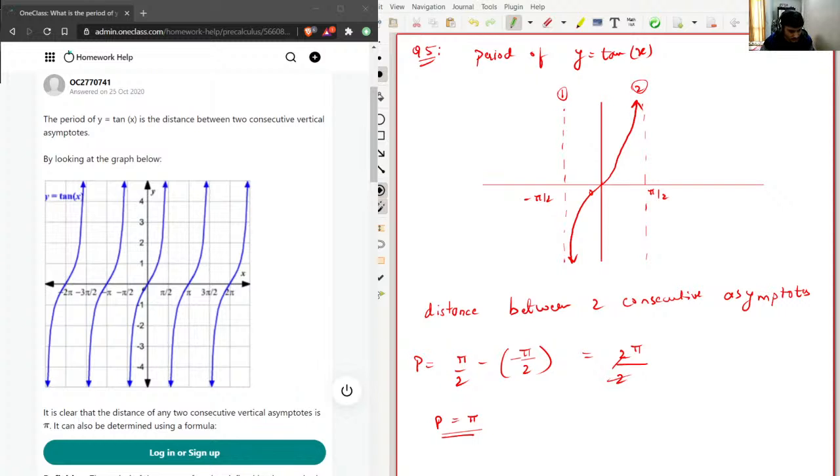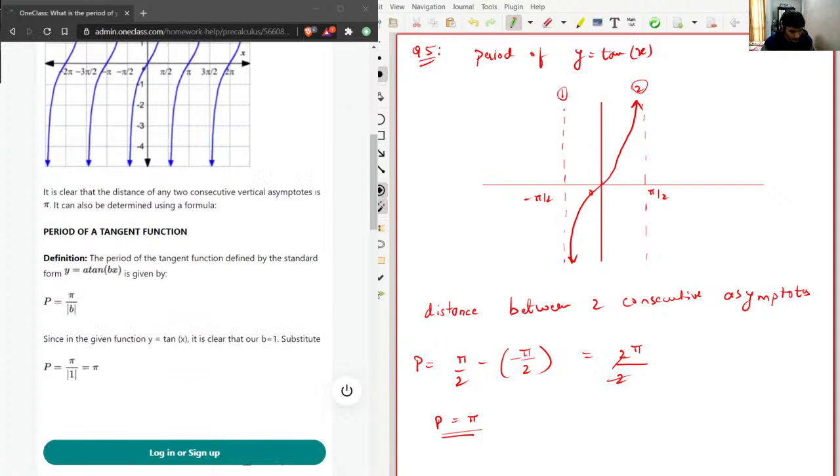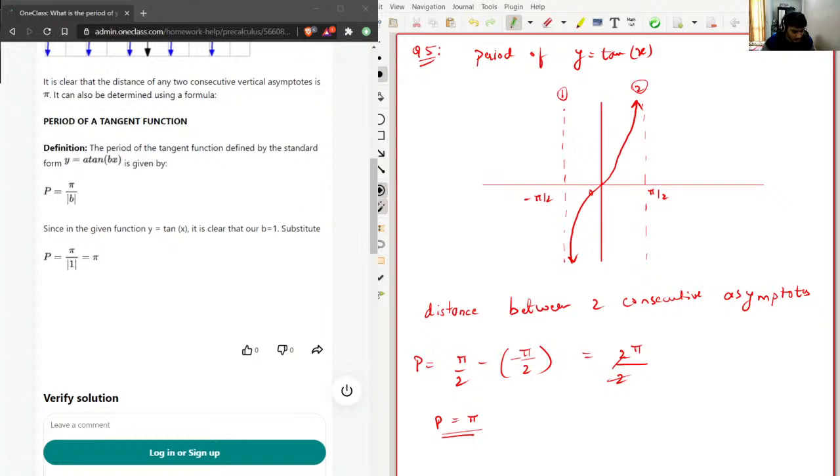So let's check the solution given here. The period of the tangent function y equal to a tangent bx, this is the general equation, is given by p equal to pi by b. Since in the given function y equal to tangent of x, it is clear that b equal to 1. For a general equation, like y equal to a tangent of bx, you can find the time period with this.